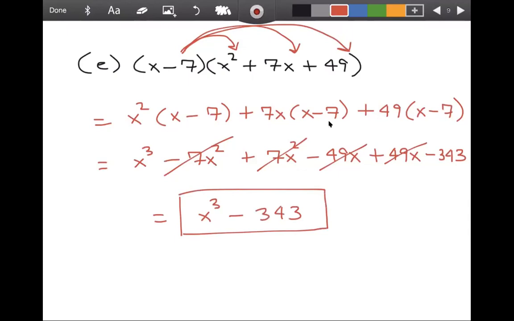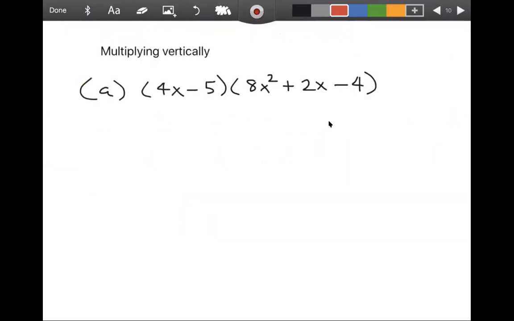All right, but in the meantime, I want to end this section by talking about multiplying vertically. As you saw in the last two examples, you might find it a little confusing multiplying, for example, a binomial and a trinomial using the method I just showed you.